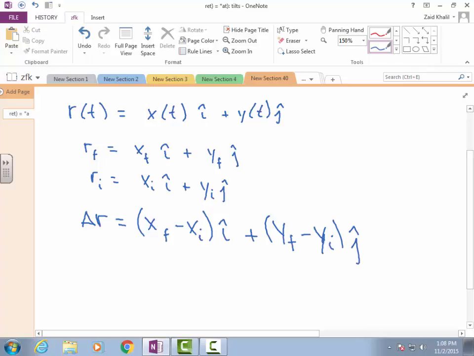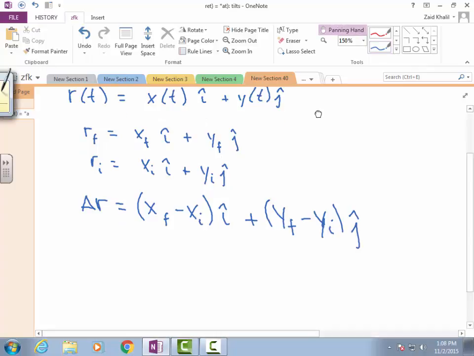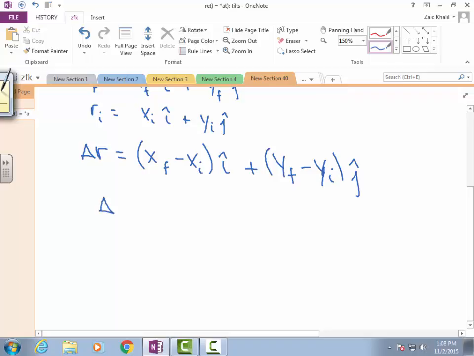What does that mean? Everything that happens in the y direction stays in the y direction. Whatever happens in the x direction stays in the x direction. And you better thank your lucky stars for it, because if it didn't, life would be a hell of a lot harder. So delta R is then delta X i hat plus delta Y j hat.